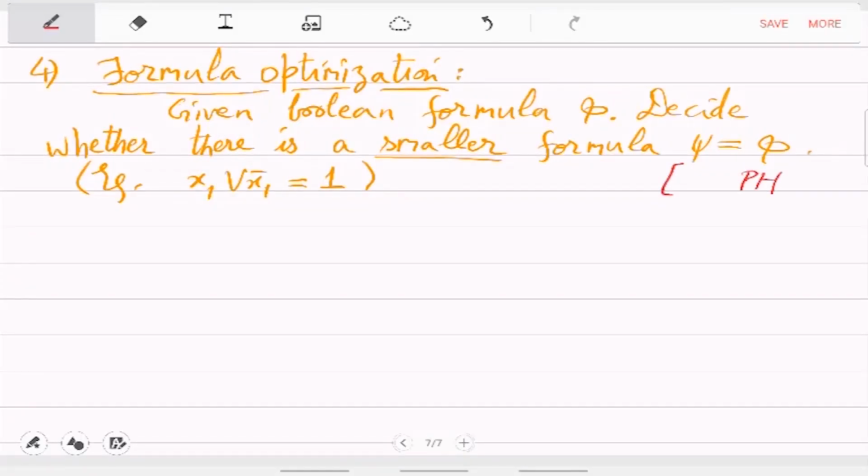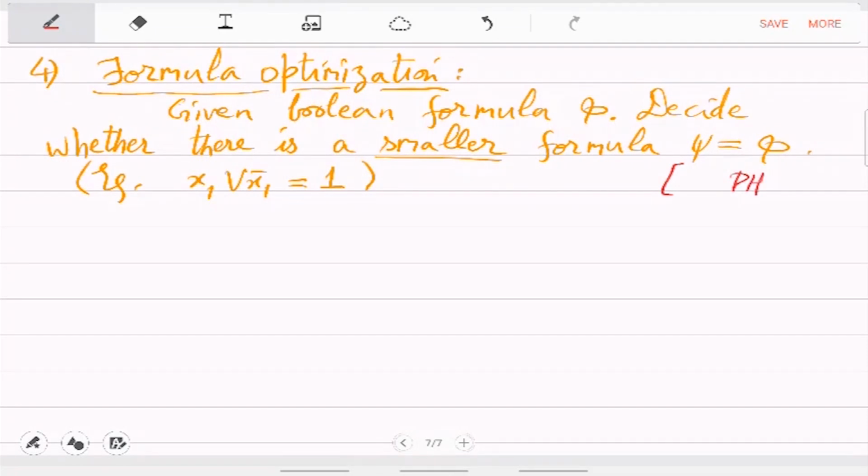And the question will be whether the polynomial hierarchy is different from NP and P. Let me write: PH, whether it is different from NP, different from P. These will be the new questions and a new complexity class. And we'll show that this formula optimization sits right there in PH.